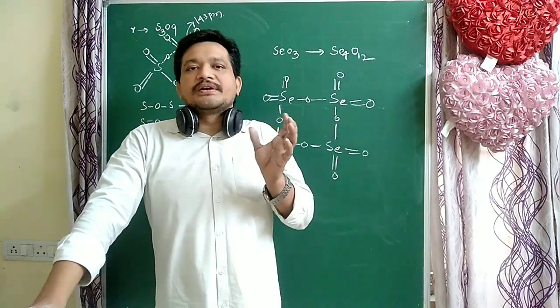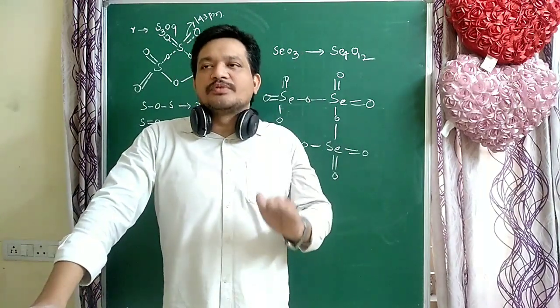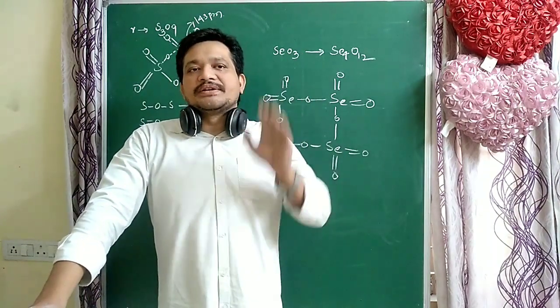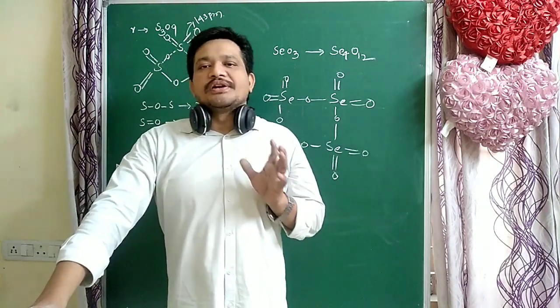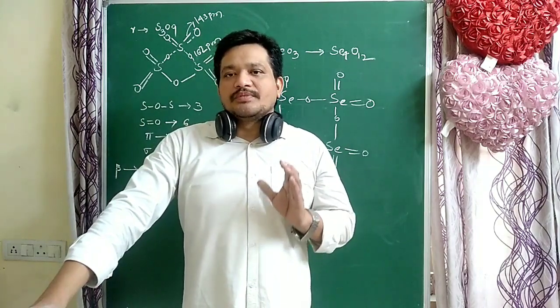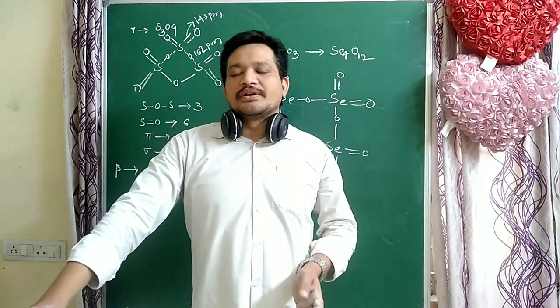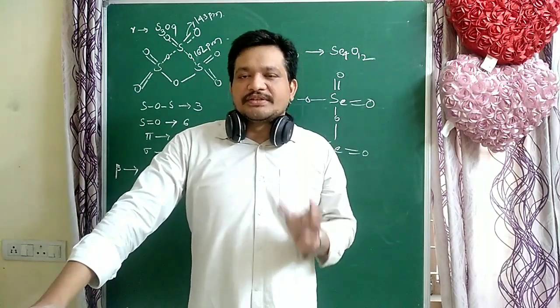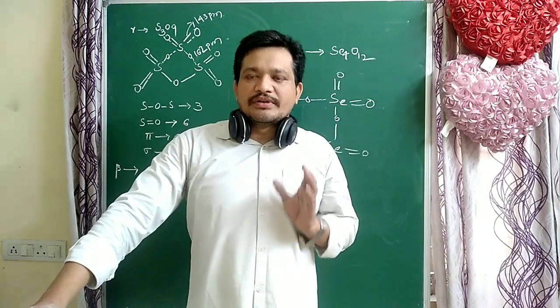All dioxides have both oxidizing and reducing nature. Reducing nature decreases from top to bottom, and oxidizing power increases. These are key points, students. When compared to dioxides, trioxides are more acidic. These oxides are very, very important, students. Thank you very much, students.